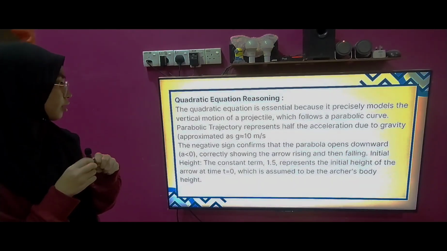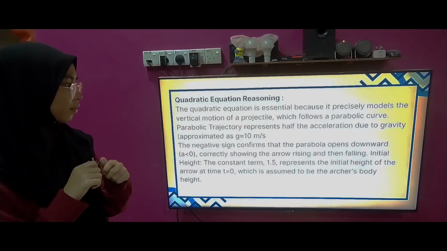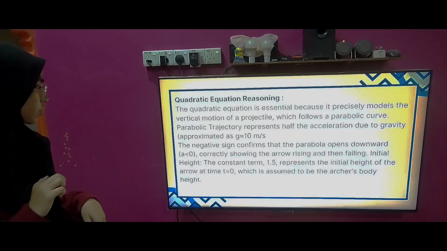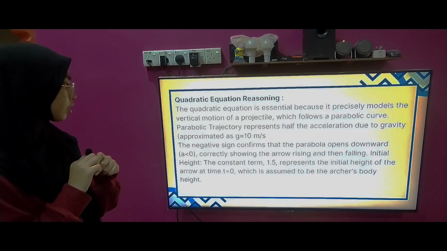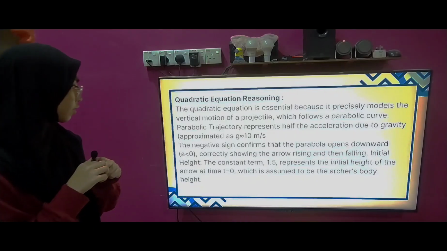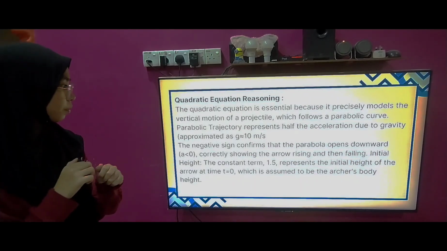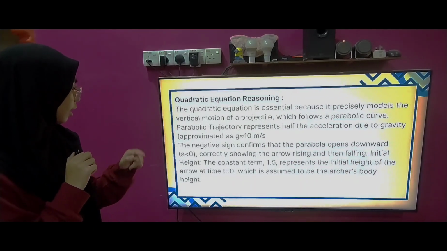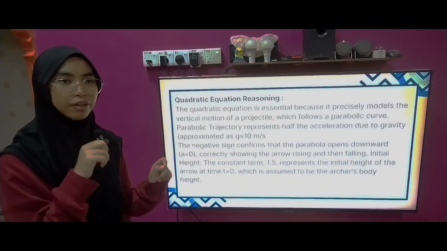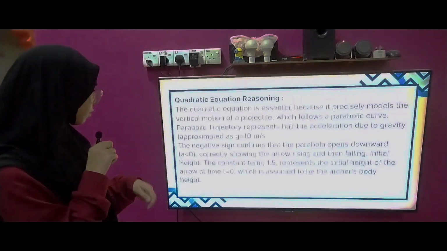So the parabolic trajectory represents the acceleration due to gravity, approximated as g equal to 10 meters per second squared. The negative sign confirms that the parabola opens downward, which is a less than 0, which means our a value earlier was negative.